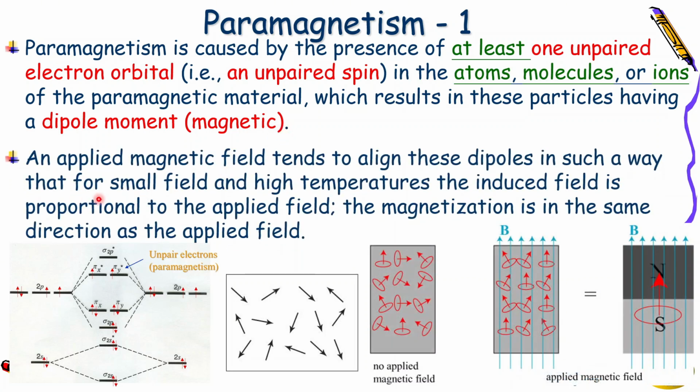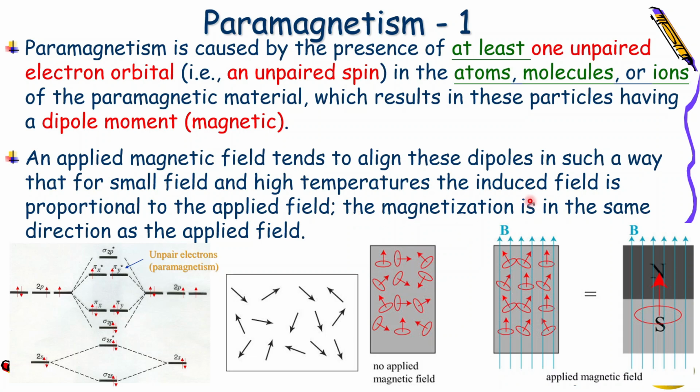Once you apply a magnetic field to this material, for example, the oxygen molecule looks like this. The magnetic dipoles are randomly distributed. But once you apply the magnetic field, you tend to align these dipoles in such a way that, for small fields and higher temperatures, the induced field is proportional to the applied field.